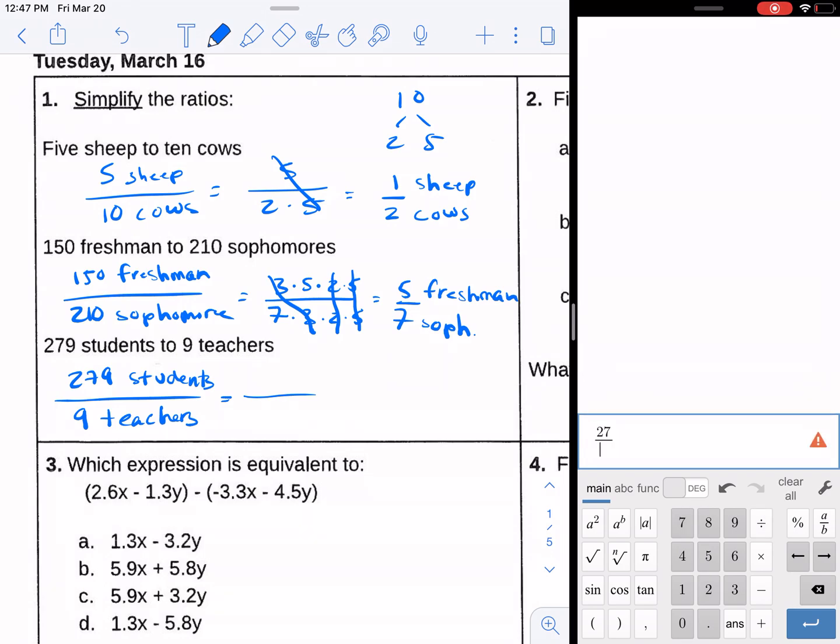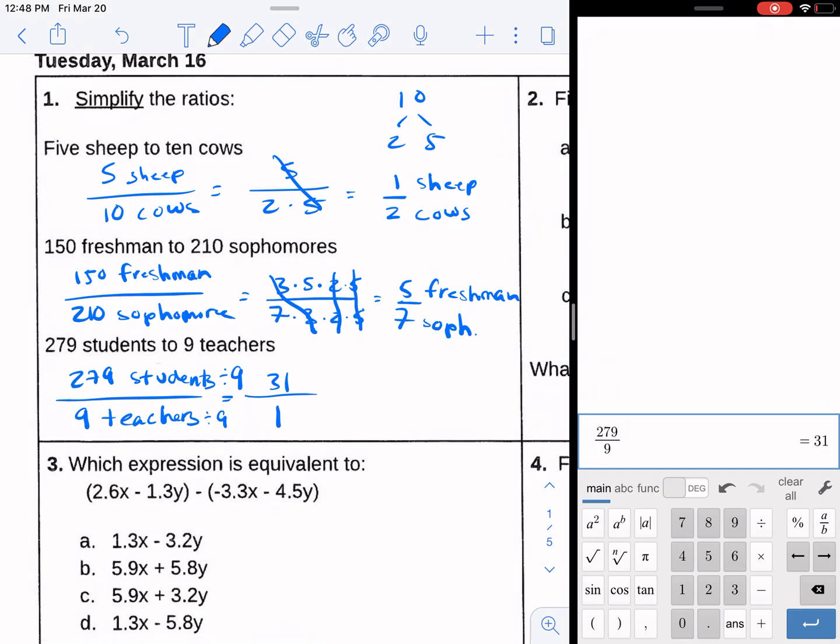279 divided by 9. Oh, look at that, perfect number. So if I divide top and bottom by 9, we just got over there that it's going to be 31 on top, and 9 divided by 9, that is going to be 1.